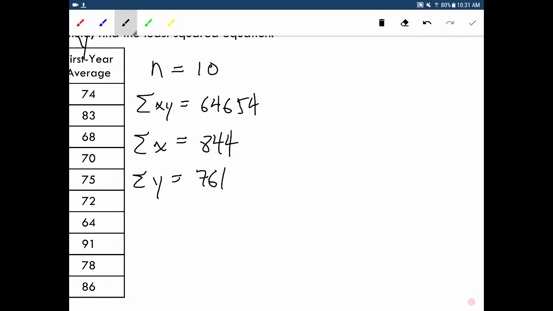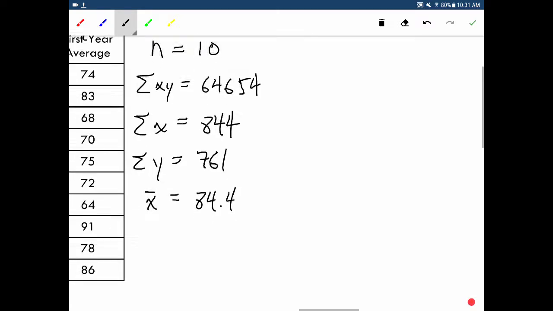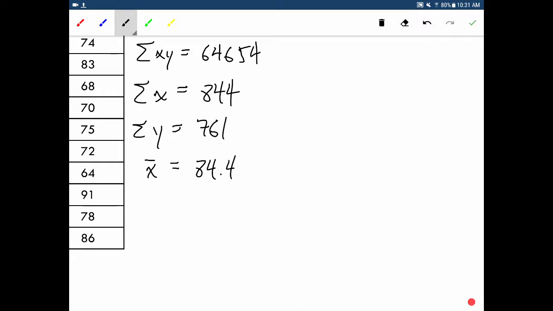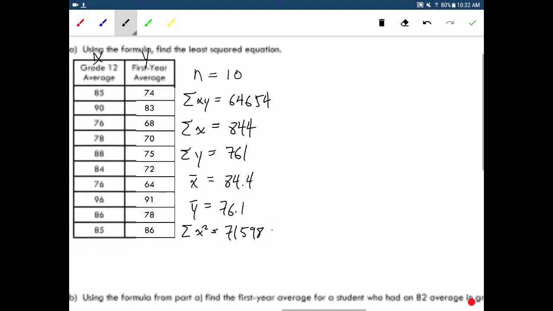Okay, and finally, the only other things we need are the mean of the x's, which is going to be 84.4, because of course you just take the sum and divide it by 10, because there are 10 pieces of data, and the mean of the y is 76.1. So there we go. Oh no, we do need the sum of x squareds, which is 71,598. And I believe that's it. I think that'll do us.